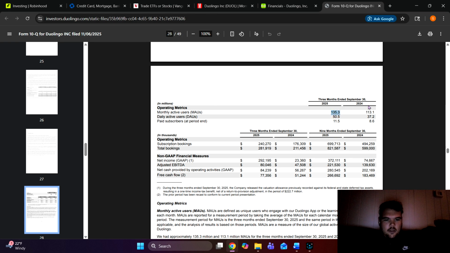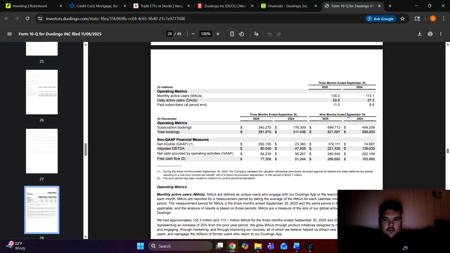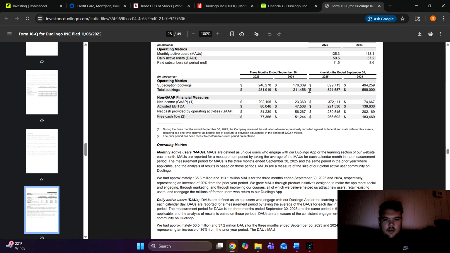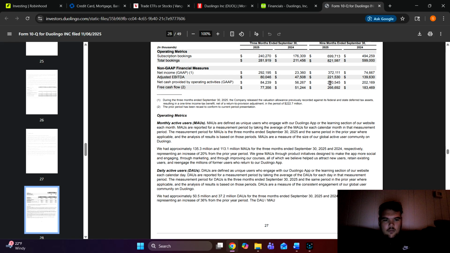They had more monthly active users and more daily active users, more paid subscribers. Their subscriptions have been going up. Net income, okay.